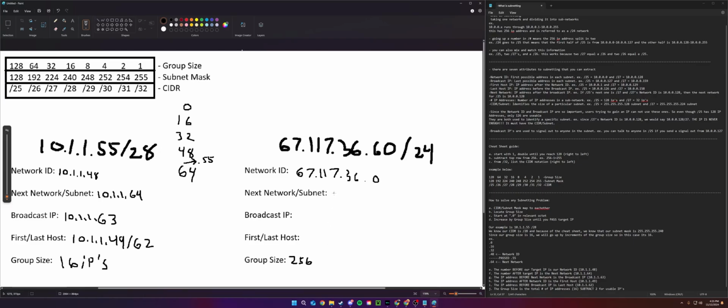And that the next one would be 67.117.37.0. Because it uses all 256 IPs, it's going to automatically go over to the next octet and change it. That's okay. It was just a little different. But yeah.